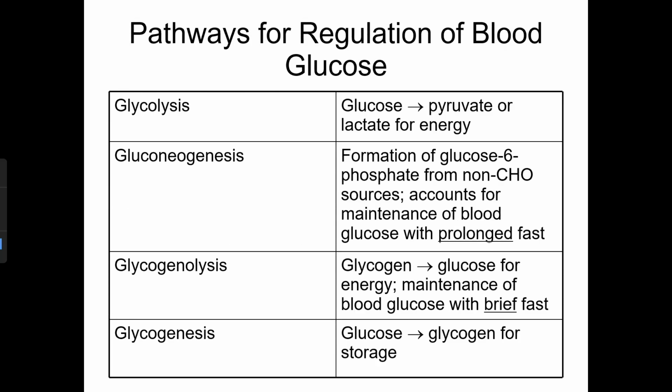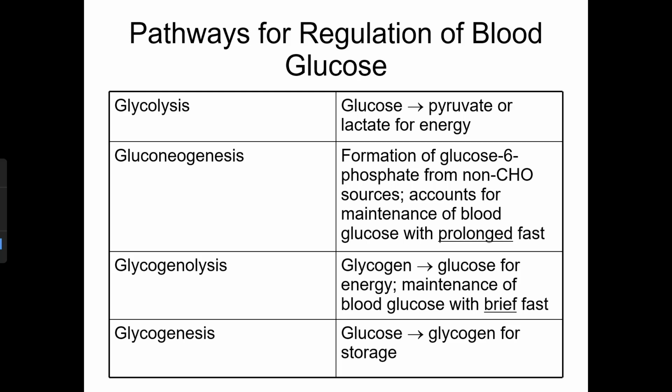So here's a breakdown of the 4 major terms that I defined previously. Glycolysis means breaking down glucose. If we say it fast, glycolysis, that's a familiar stage of cellular respiration.